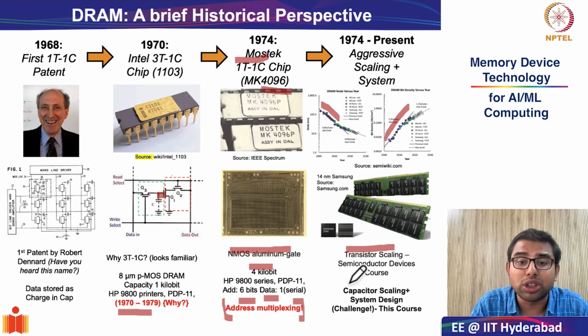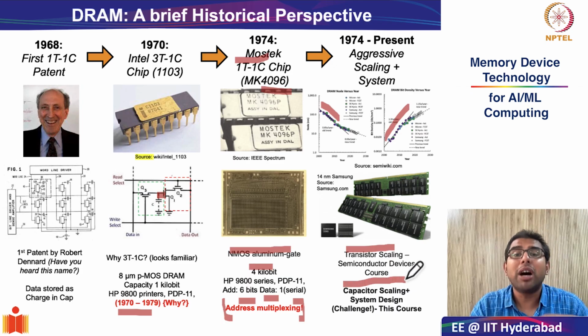However, in this course, we will talk about a much more important aspect, which is the scaling of the capacitive node or the capacitor. The scaling of the capacitor has revolutionized the performance of the DRAM cell. Not only that, as we will see, even intelligent system level design, which we will focus on, has been very, very important in trying to improve the performance of the DRAM subsystem.